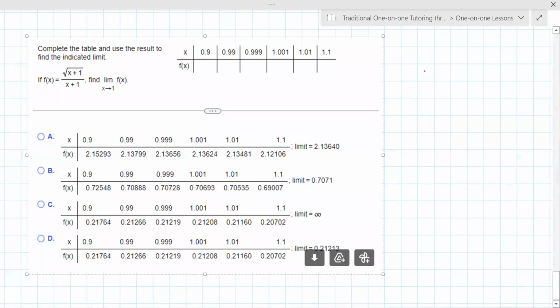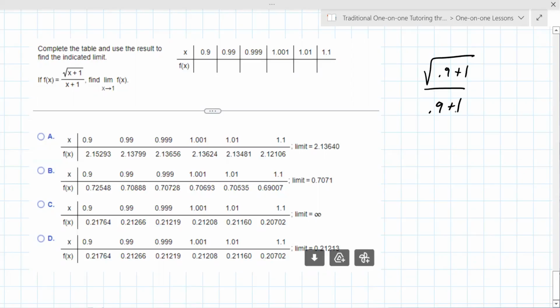I'm going to do the square root of x plus 1 over x plus 1 with x equal to 0.9, and that ends up being 0.72548. So the answer is B.